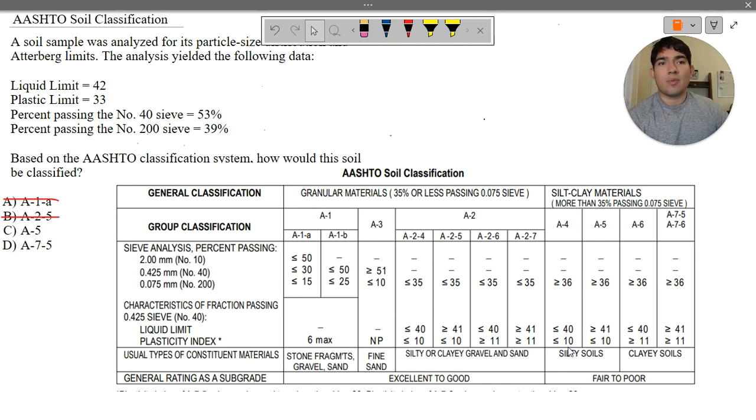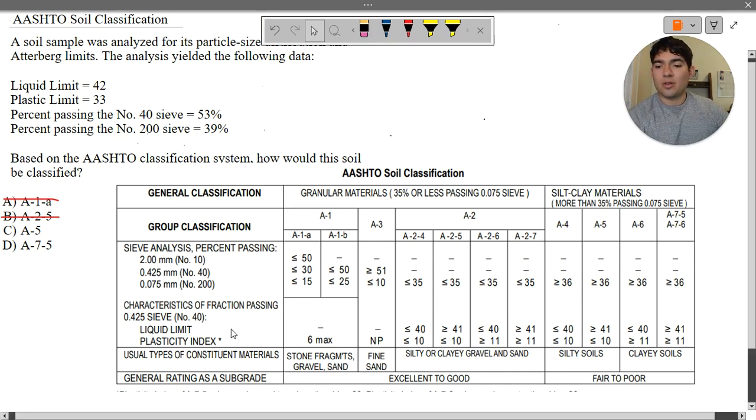So now the way that we proceed is we go to this part of the table right here and we align the other information we were given with these parameters that I am going to show you. So the first one was the liquid limit. We were told that for this soil sample we have a liquid limit of 42.